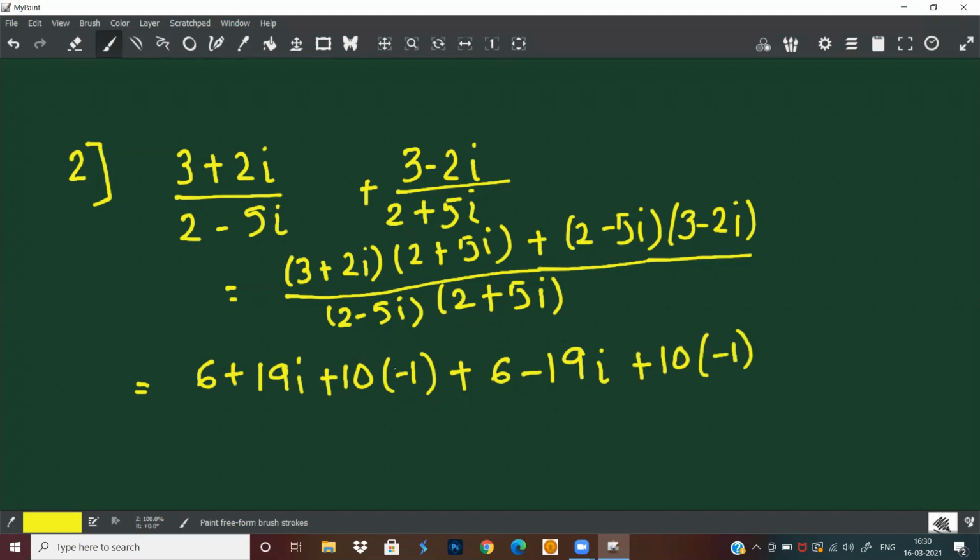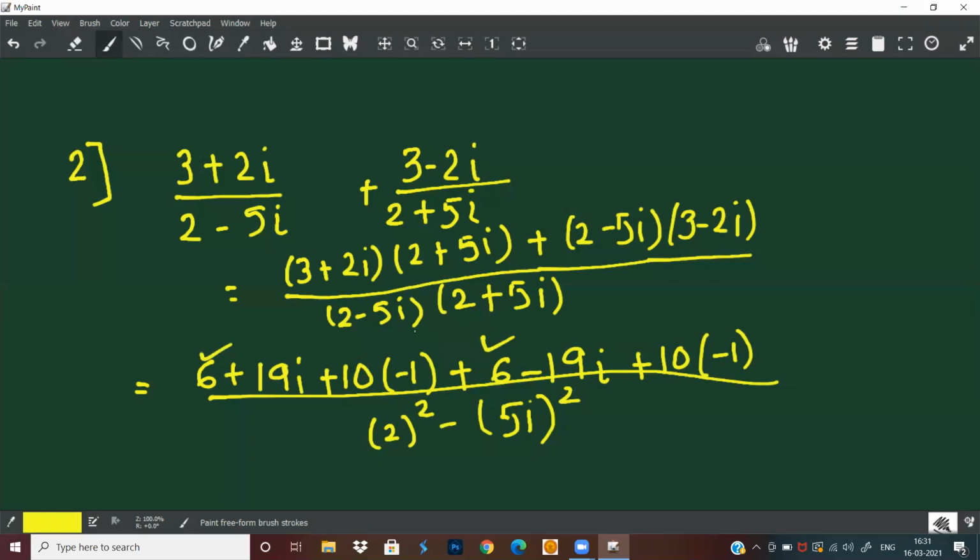It is 5, it is not 9. This you mean? This is 5 only. (a plus b)(a minus b), so it is 2 square minus (5i) square. So this is 6 plus 6, 12, minus 20. So it is minus 8.